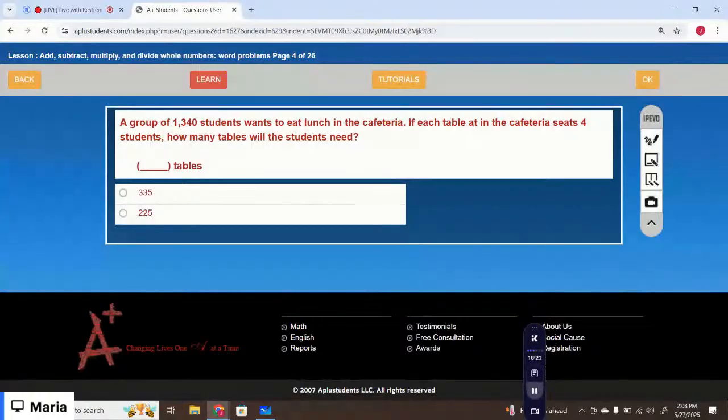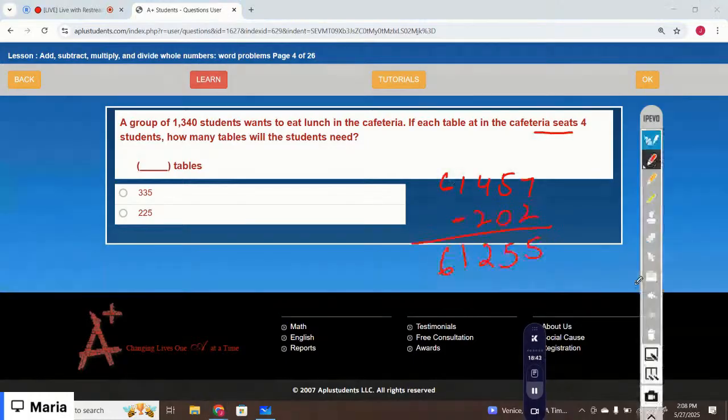A group of 1,340 students will eat lunch in the building. If each table at the food area seats 4 students, how many tables will the students need? So just divide 1,340 by 4. 4 times 3 is 12. 13 take away 12 is 1.